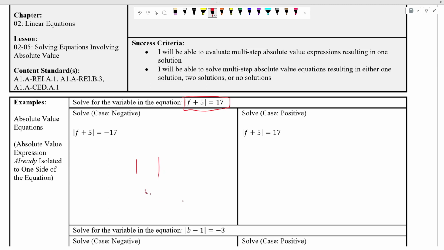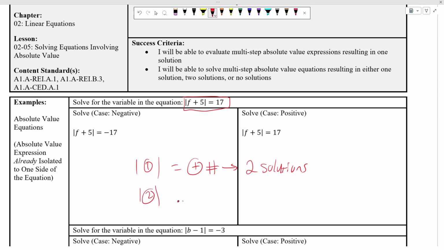But I want to give you the overview now. This is option one, where this equals some positive number and is thus going to result in two solutions. You can write this off on the side somewhere, wherever makes the most sense for you.